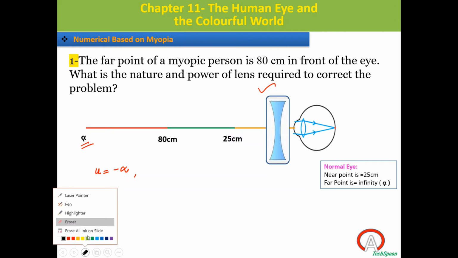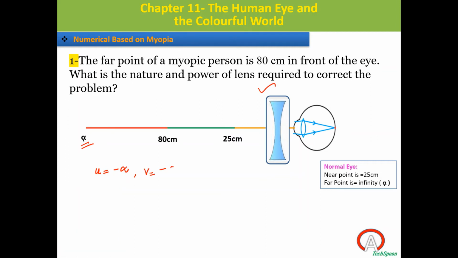So I am taking the image distance v is equal to minus 80. Why am I taking minus? Sign convention. That means the measurement is on the left side of this lens. Right?